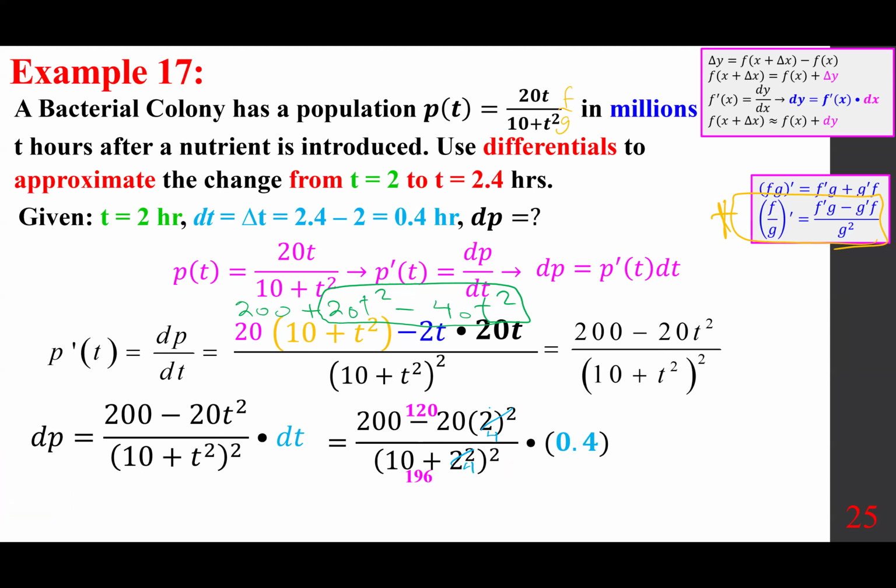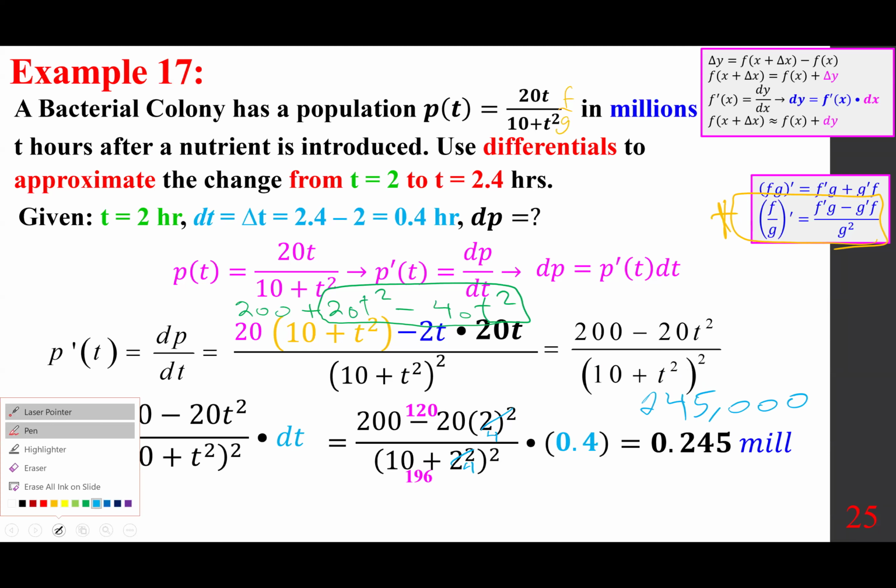So we get 120 at top, 196 at the bottom, times 0.4. We get 0.245 million, which means 245,000 bacteria. That's an approximation.